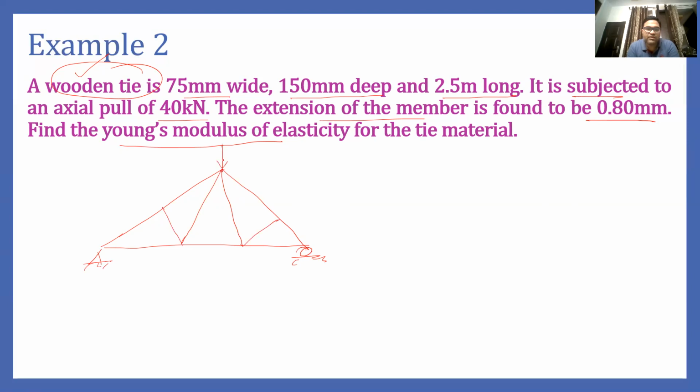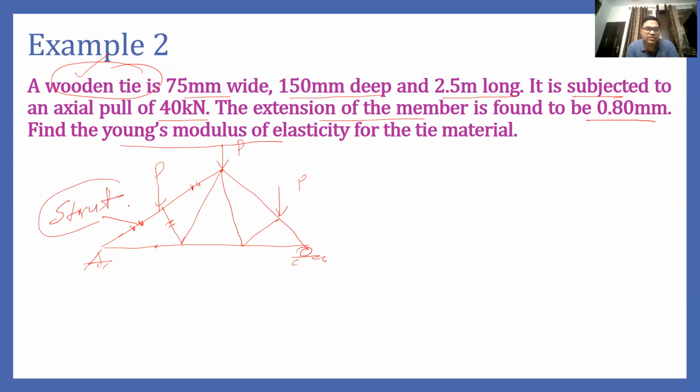If it is subjected to some external force, all the members of the truss will be under the action of force. The member which is in compression, for example, if this member is in compression, is known as a strut.